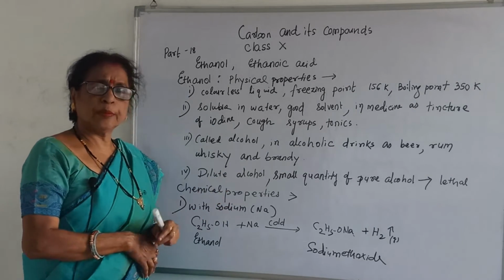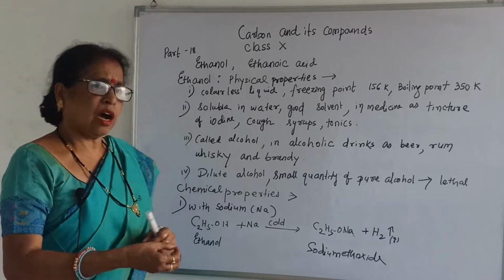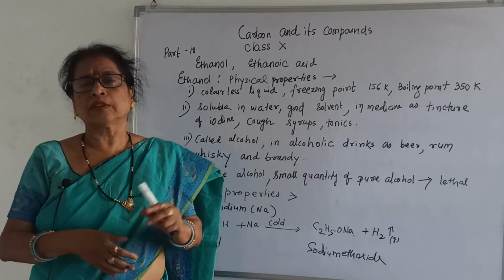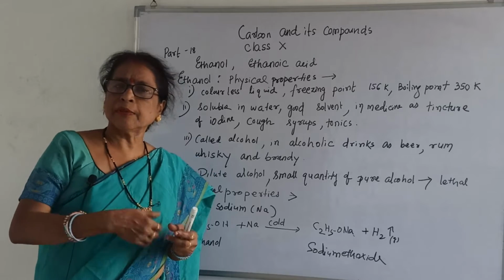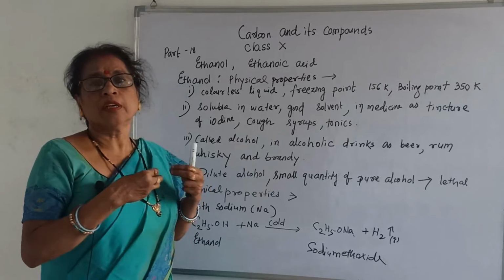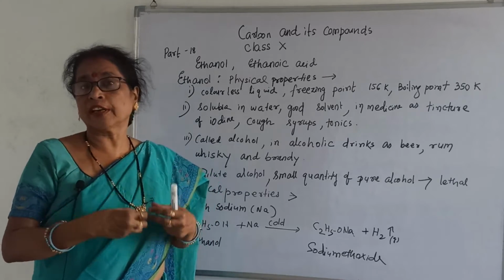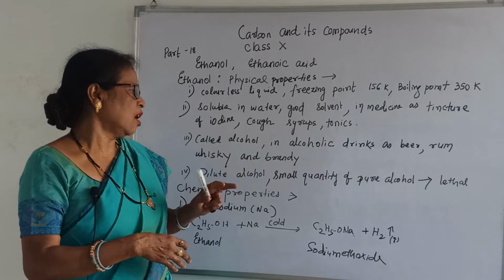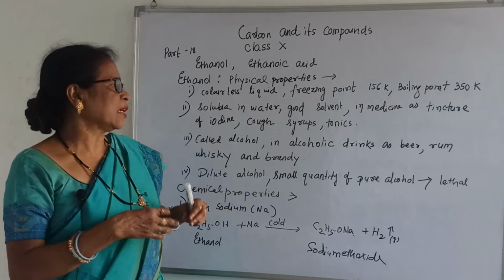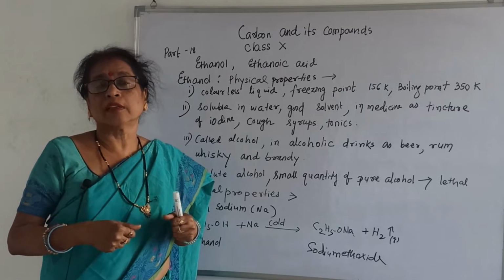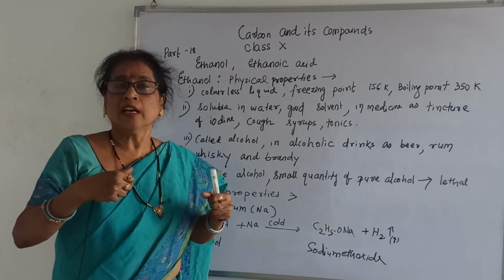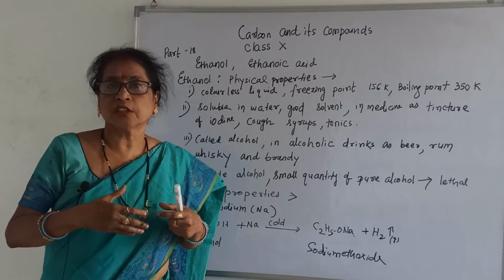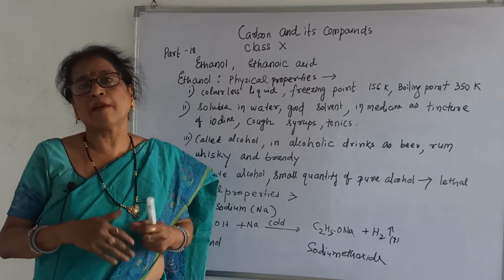If you take dilute alcohol, it also works on the body. If you take a small quantity of pure alcohol, that is called absolute alcohol, that will also cause drunkenness. That means dilute alcohol or pure alcohol makes the body lethargic. Lethargic means laziness and drowsiness and loss of consciousness. The consciousness will evaporate.